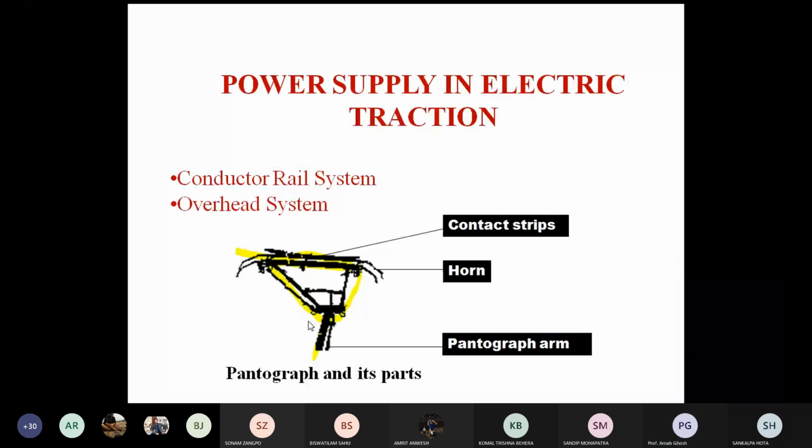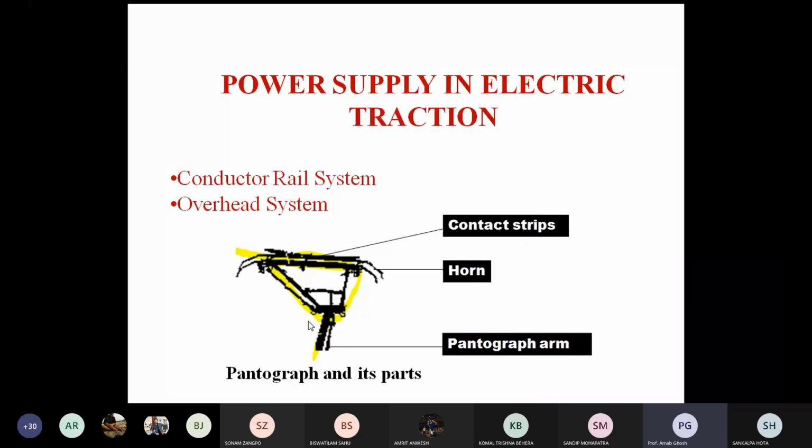If there is any kind of gap, the main problem is that the overhead connection voltage is 25 kV, and what is the potential of the chassis or locomotive? Normally, you know that it is touching the earth. That means it is at earth potential, you can say zero potential.